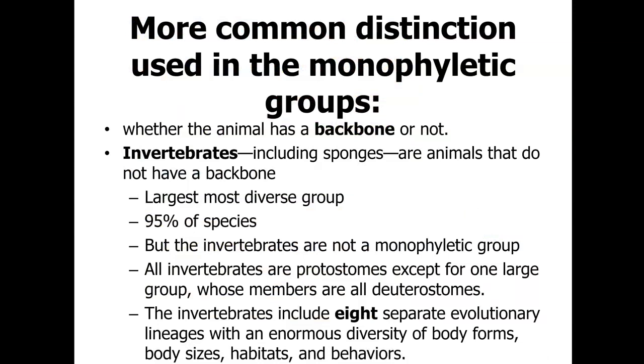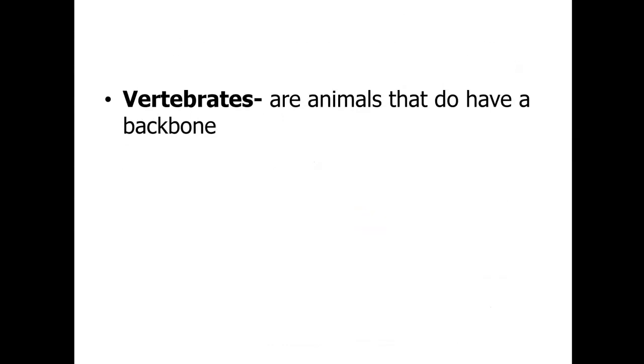So going into these, like we said with the invertebrates, it's whether or not it has a backbone. Invertebrates do not have a backbone. The invertebrates include 8 separate evolutionary lineages with an enormous diversity of body forms, body sizes, habitats, and behaviors. The vertebrates, however, have the backbone.